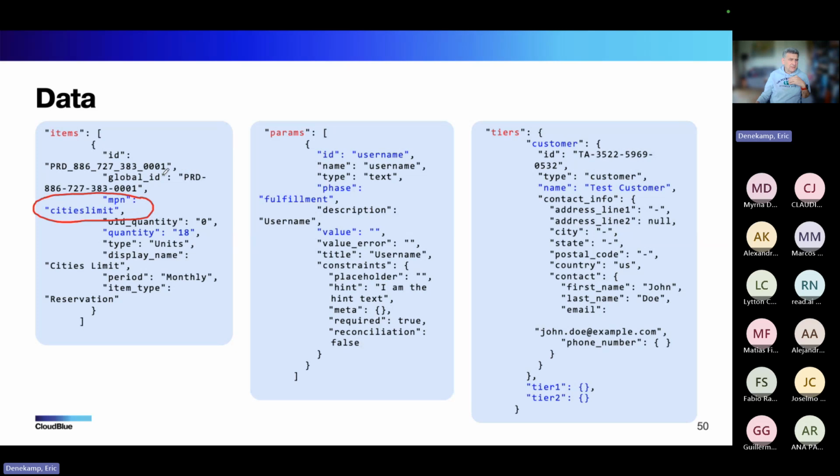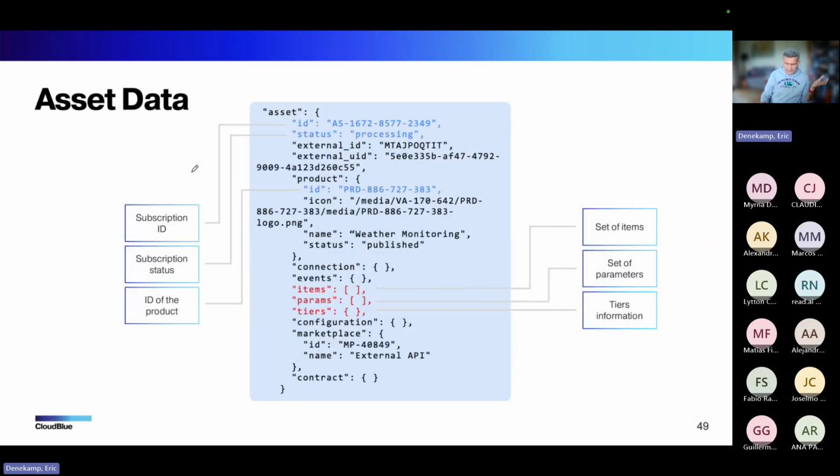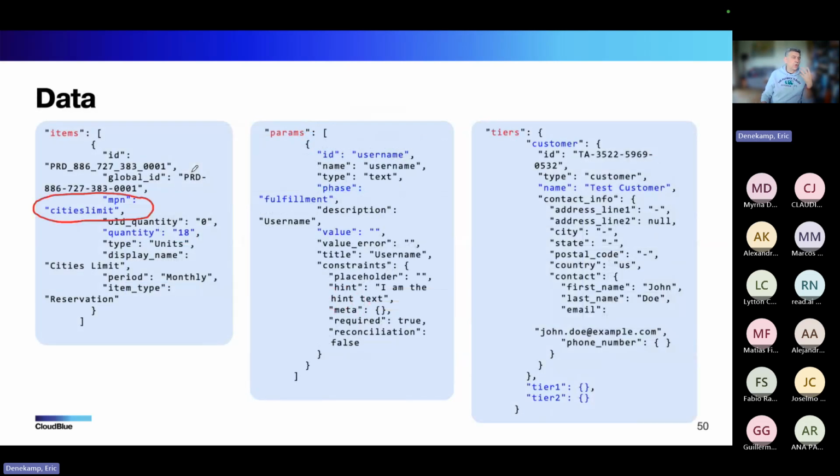What ID does this item have within that application? What's the global ID this item has within the application? I'm not sure why we have those two, because from my perspective, these two are completely and 100% the same. But that's how it's set up.